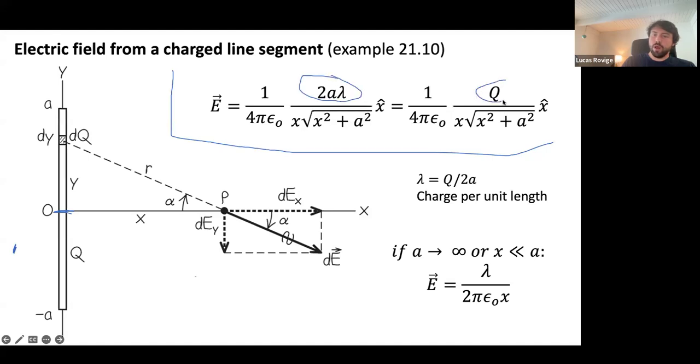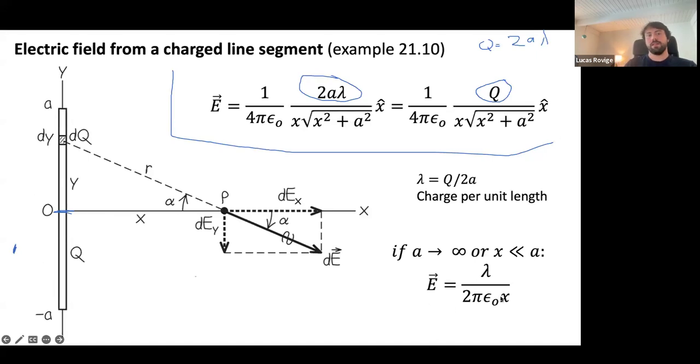Depending on what you want to do, you can express it as a function of the total charge, or, depending on what the problem is giving you, either the total charge or just the linear charge and the size of the object, 2a. So q is equal to 2a lambda, or lambda equals q over 2a.